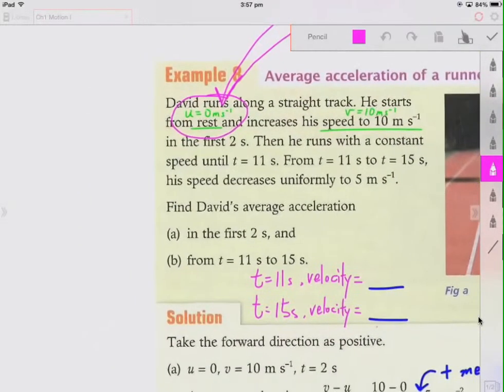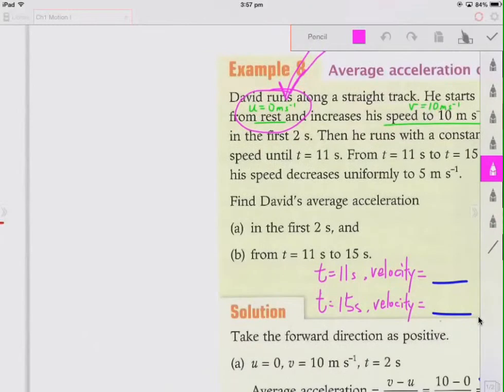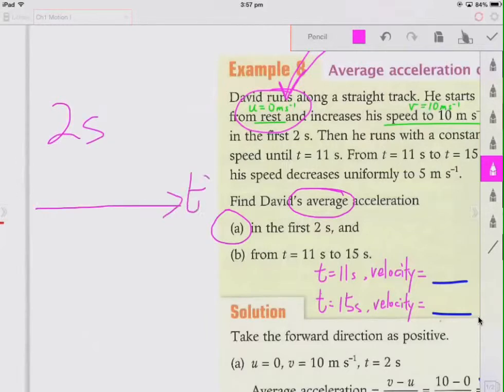Alright, step by step. Question A: David's average acceleration in the first 2 seconds. On screen, we are finding average acceleration, so we have to calculate the total change and the total time. Part A is talking about 2 seconds. Think about a timeline here, from 0 seconds to 2 seconds.